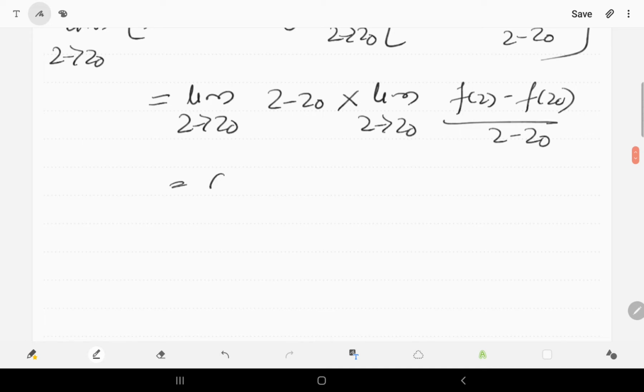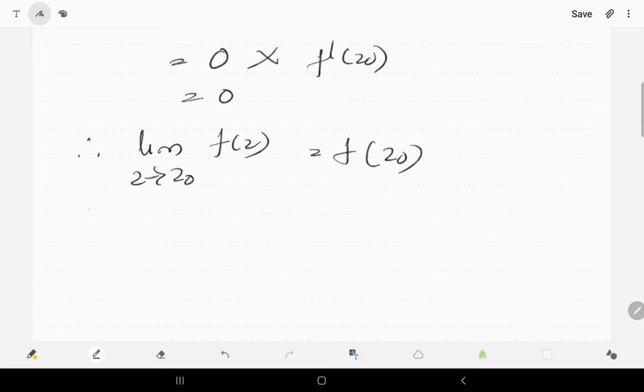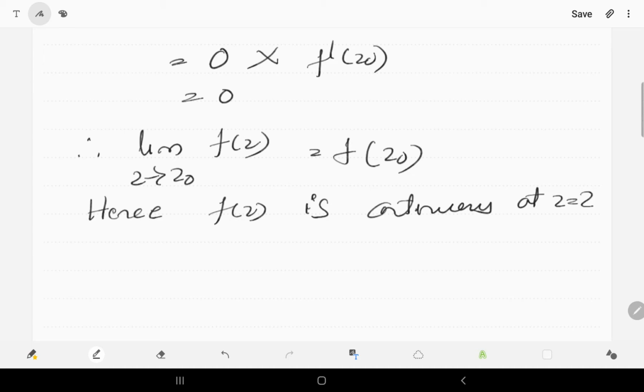But this is equal to 0 into f dash z naught, or this is equal to 0. Therefore, the limit of f of z as z tends to z naught is equal to f of z naught. Hence, this is the definition of a continuous function, that is f of z is continuous at z equals to z naught.